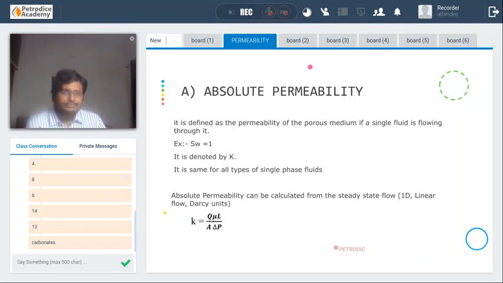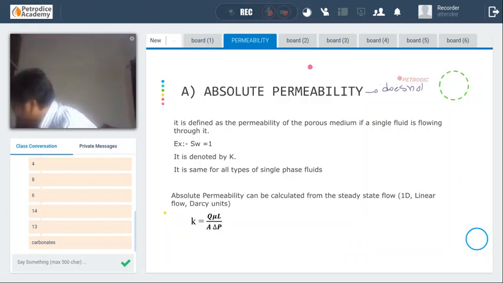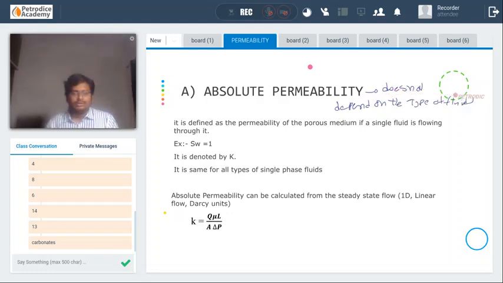So first write it down. The absolute permeability is defined as the total permeability of the porous medium when a single fluid is passing through it. Absolute permeability does not depend upon the type of fluids.